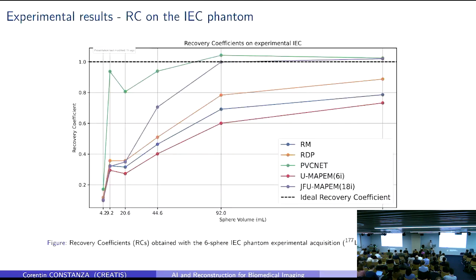Yes, sorry. And so we also conducted experimental tests. Here you can see the recovery coefficient for an experimental IEC phantom. So this is the classical 6 spheres phantom. And we can see that Jacobian-free unrolling has pretty good results. It's only outperformed by the black box pre-processing method.